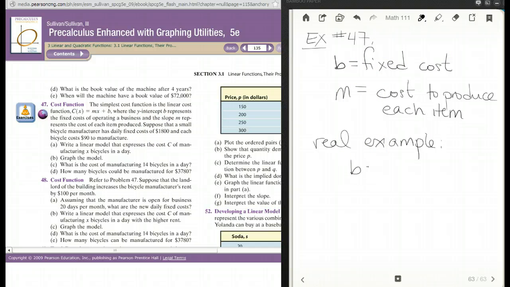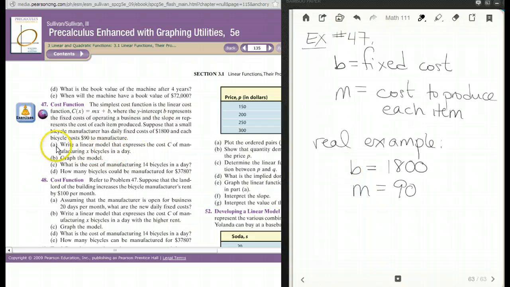So B is 1,800. Then we're told each bicycle costs $90 to manufacture. That's m, the cost to produce each item. So the cost to produce each item is $90. Those two things together allow us to write a linear function. We have a slope and we have a y-intercept.